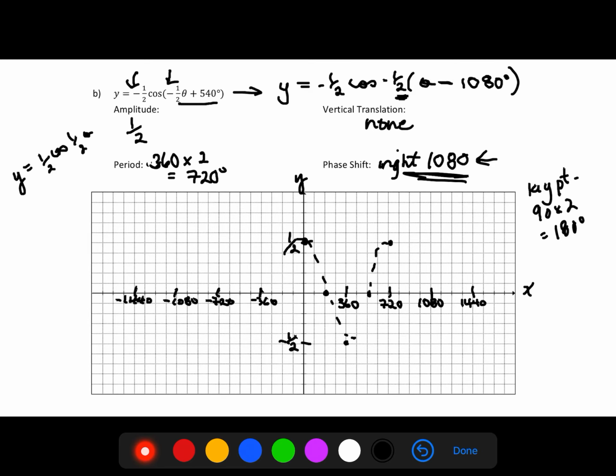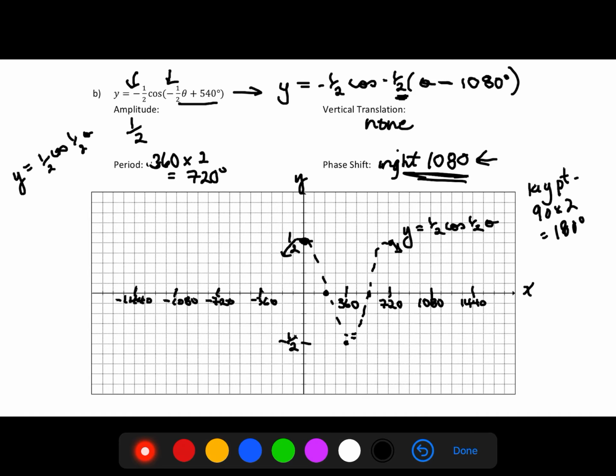So we start at the max, our key points every 180. This makes sense because our period is 720. So y equals 1/2 cos 1/2 theta.